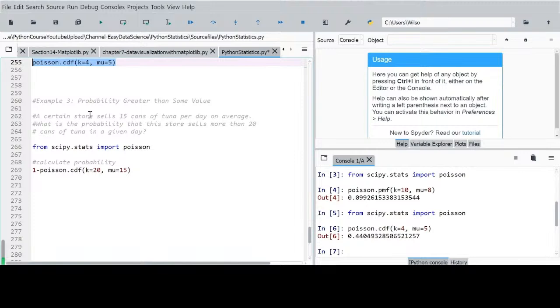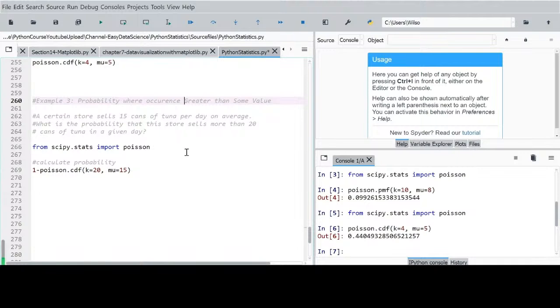And the third example is to calculate the probability that the count is greater than some value. A certain store sells 15 cans of tuna per day on average. What is the probability that this store sells more than 20 cans of tuna in a given day?